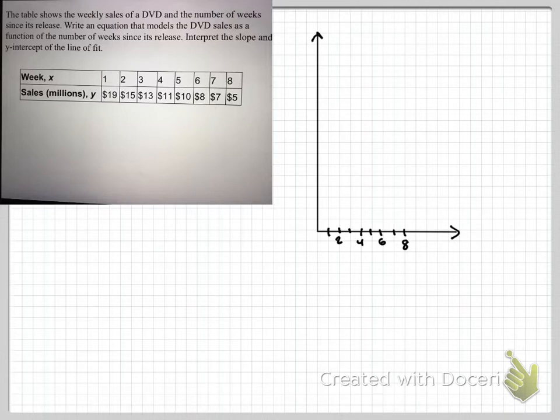And on the y-axis, let's see. 2, 4, 6, 10. Let's see, 2. 16. I'm going to raise this up a little bit.